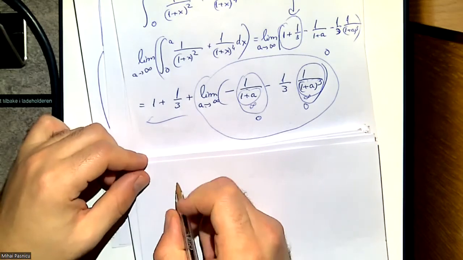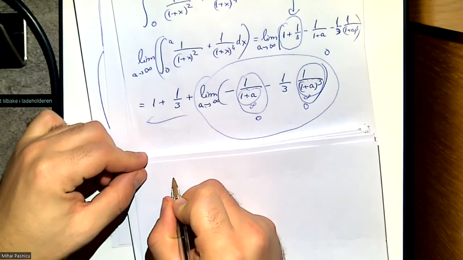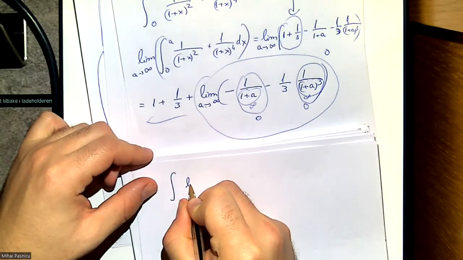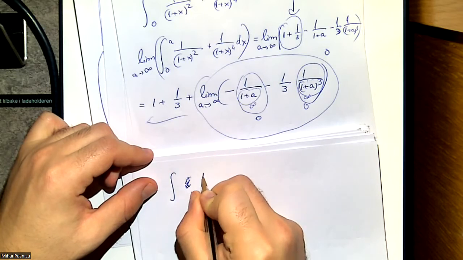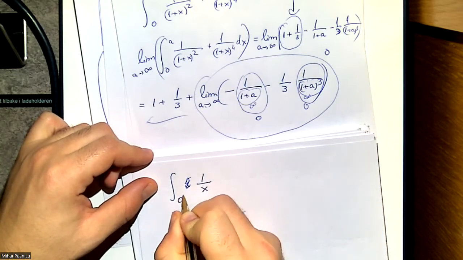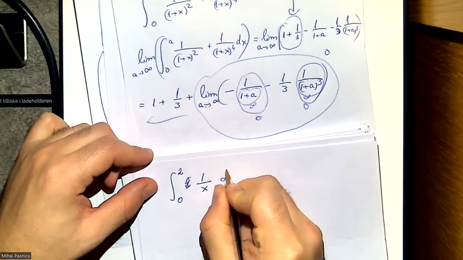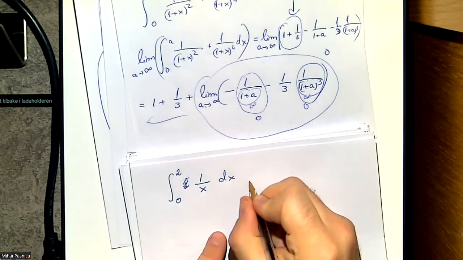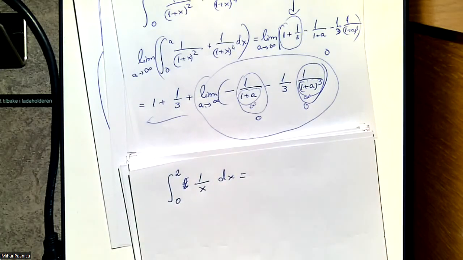The one example I wanted to do was the integral of 1 over x from 0 to 2, dx. And it's really simple because I want to show you something interesting. The problem is, what's this integral? Well, just log of x, right?